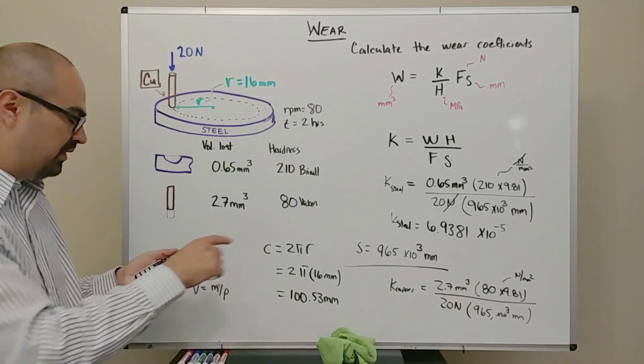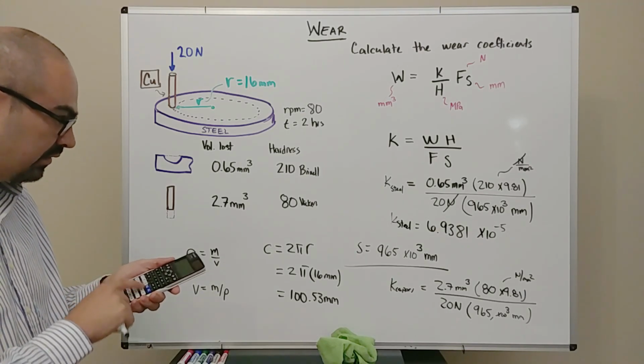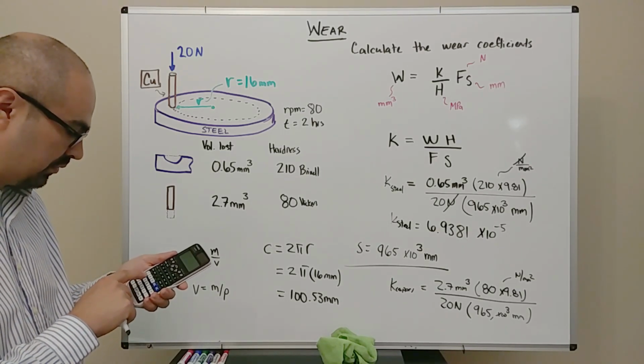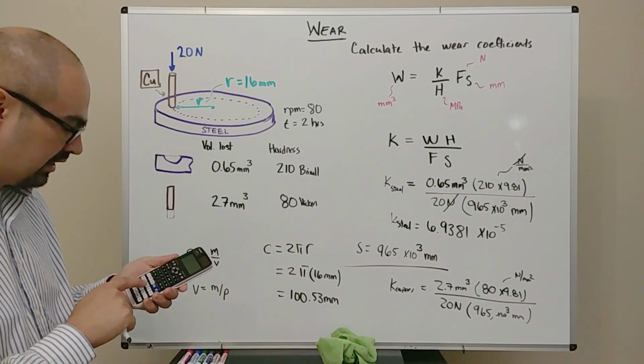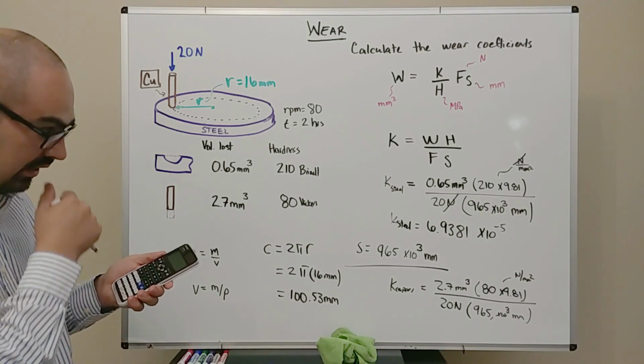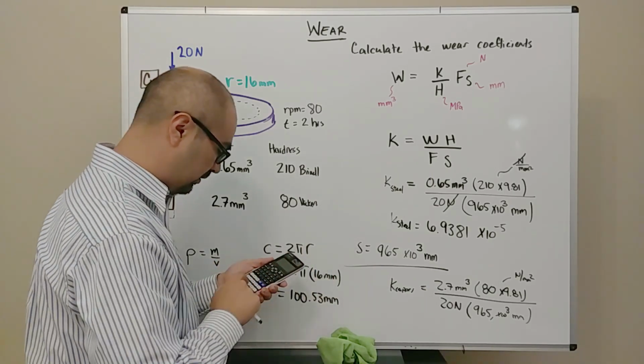So again, if we type this on the calculator, 2.7 times 80 times 9.81 divided by 20 times 965 times 10 to the 3.